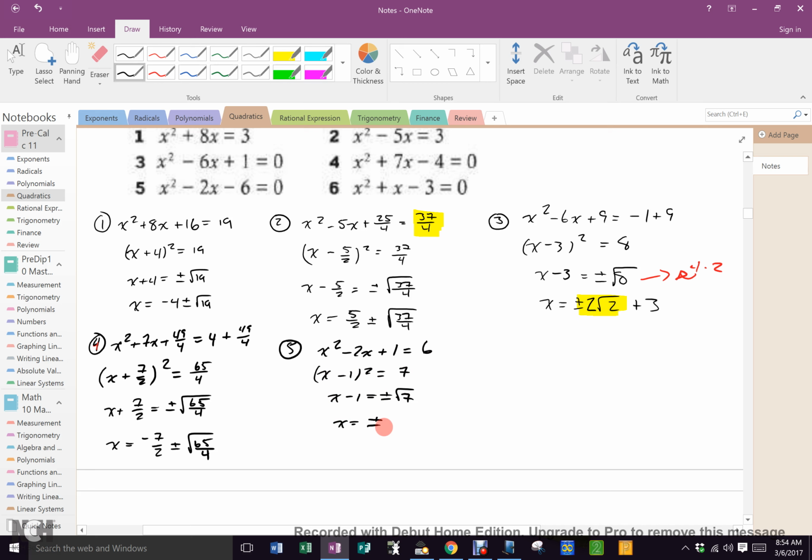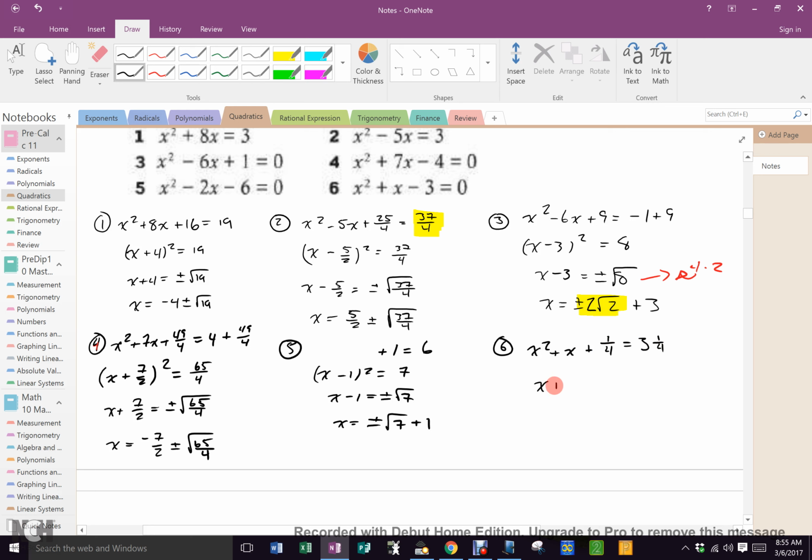X equals plus or minus root 7 plus 1. And 6 is x squared plus x plus 1/4 equals 3 1/4. Everybody cool there?